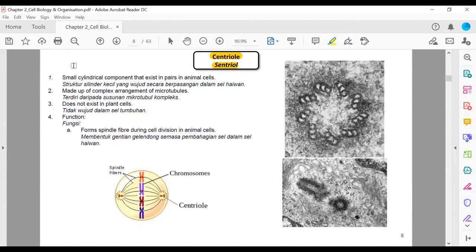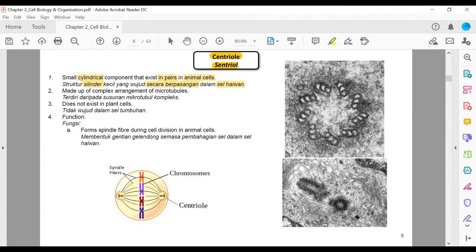Okay, but number one, a small cylindrical component, bentuk dia silinder, cylindrical component that exists in pairs, wujud secara berpasangan dalam animal cell. So struktur silinder kecil yang wujud secara berpasangan dalam sel haiwan. So hanya jumpa dalam sel haiwan dan wujud secara berpasangan, bentuk macam silinder.